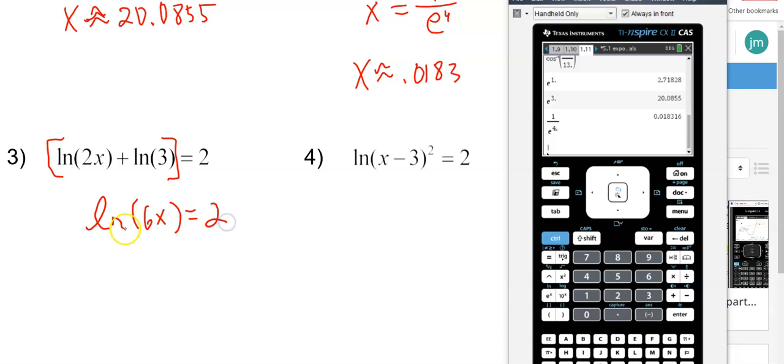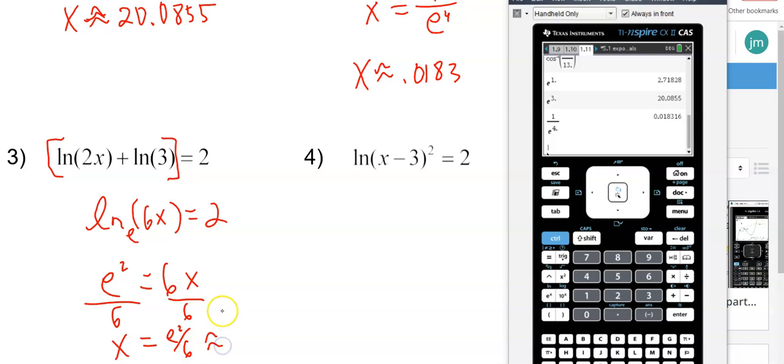which is 2. Again, write the base so you see it easier. So then e squared equals 6x. You're almost done. You have to solve for x. It takes one more step. Divide by 6. You get x equals e squared over 6, or approximately whatever e squared over 6 is.